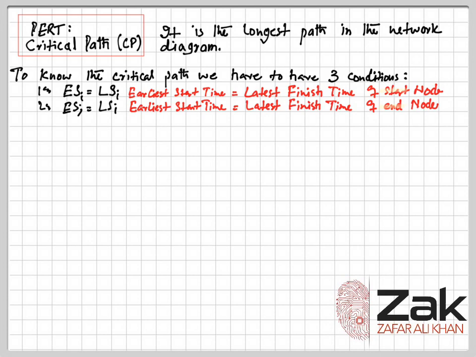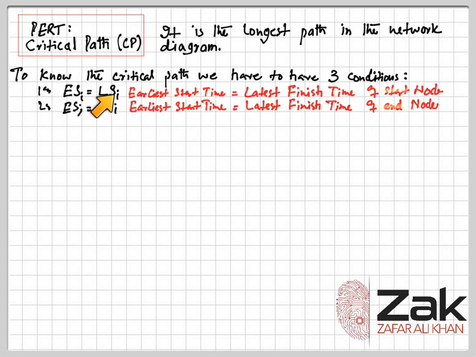Second condition says that on the path for every node, earliest start time is equal to latest finish time of the end node. Alright, so if there are two nodes, both should have their earliest start time and latest finish time same at the start, and earliest start time is equal to latest finish time at the end, both nodes.